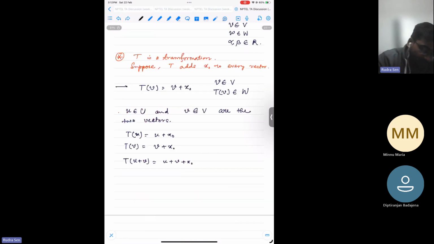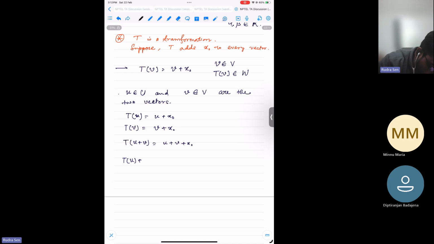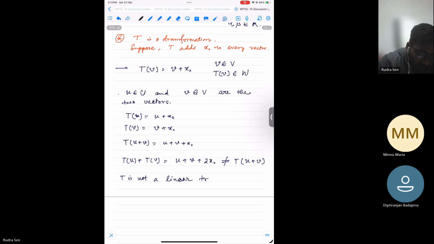Now TU plus TV gives U plus V plus twice X naught, which is not equal to T of U plus V. That means the first property does not hold. This means T is not a linear transformation.